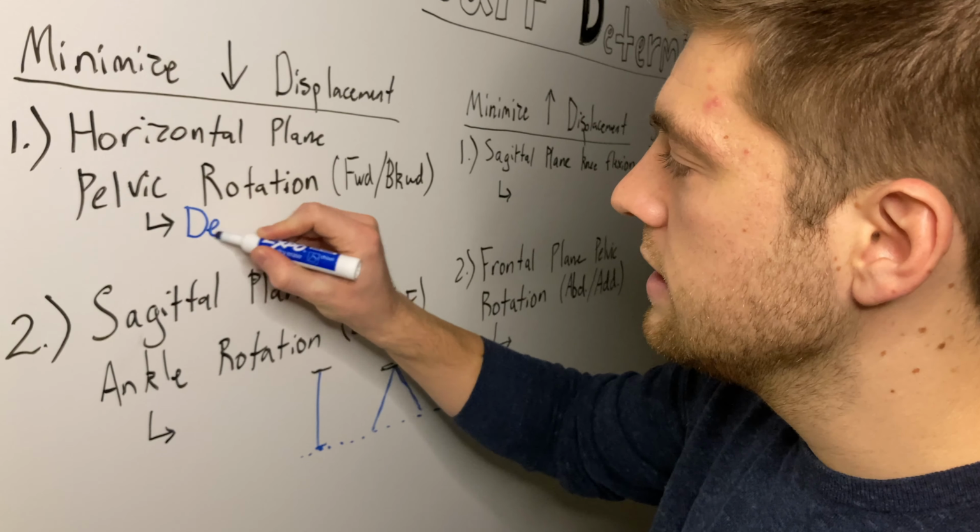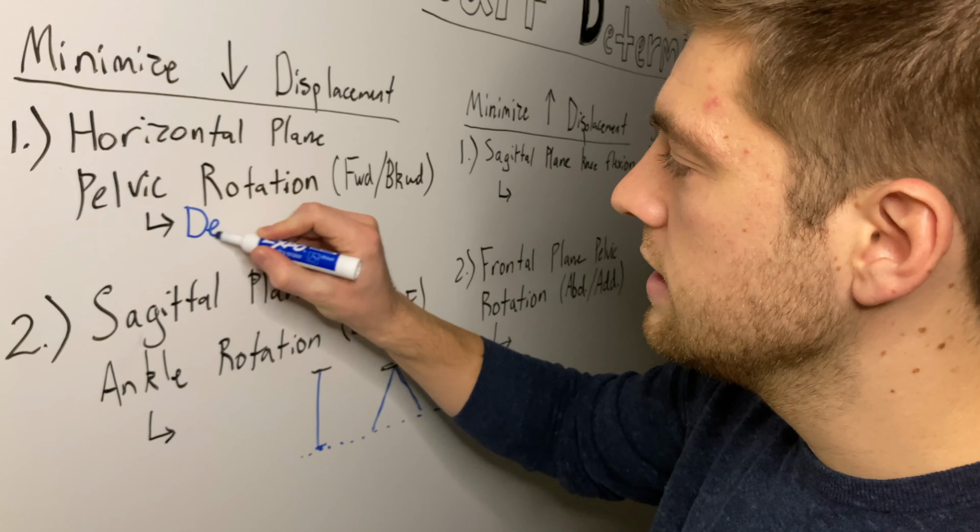This helps to decrease flexion and extension of the legs. By decreasing flexion and extension at the hips, we're raising the center of mass, or minimizing how low it goes.